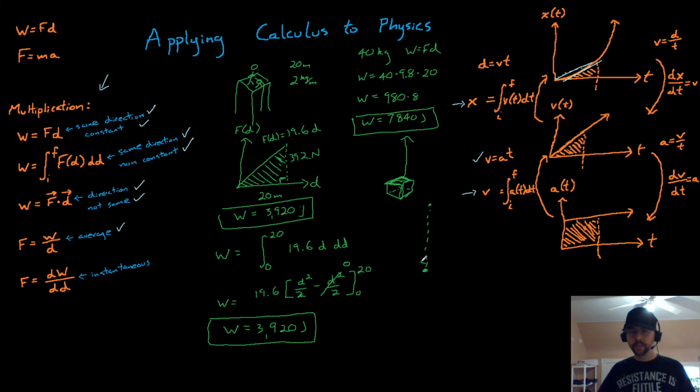You imagine slicing the rope into these tiny little pieces, and you'd actually probably call this dm, then in this case you imagine that the height goes from 0 to 20, so you'd have probably, let's see, work equals, well, just for this dm, so dW, that means the work for this little tiny piece is going to be equal to dm times g, which is acceleration, times displacement.